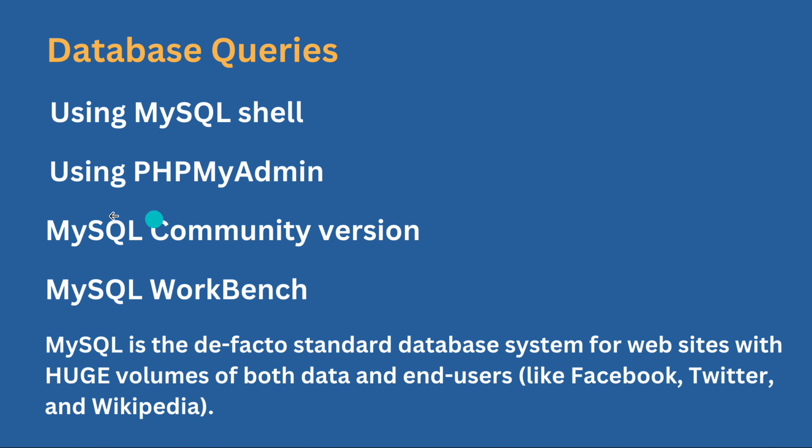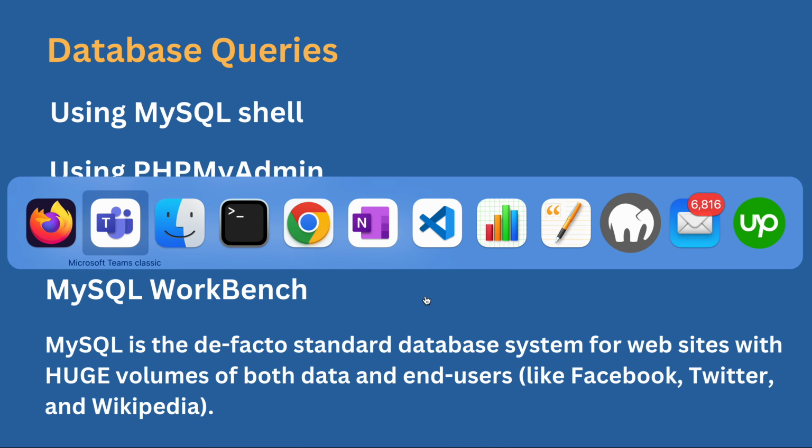I've also told you the MySQL community version is there where you can go and download it. There is also MySQL Workbench. That also comes with a MySQL server. What does Workbench give you? The interface to write the query.